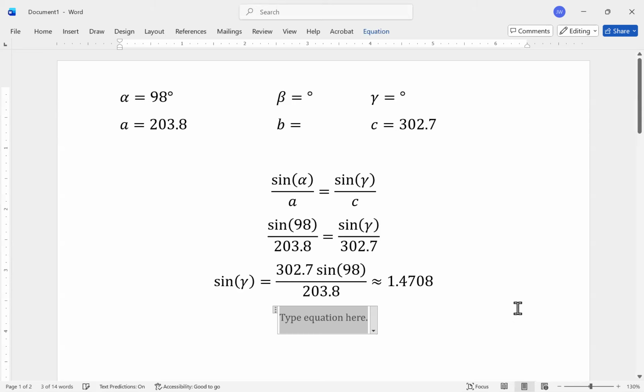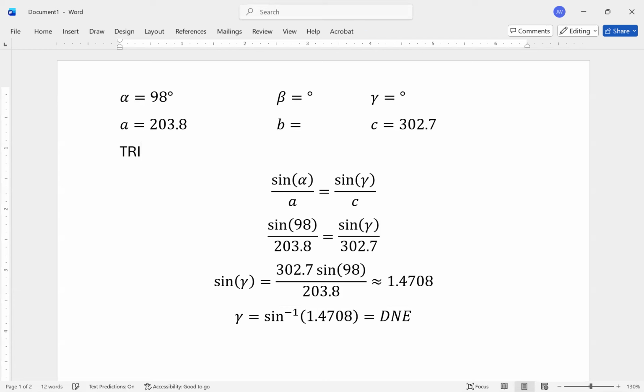So if I tried to find gamma by doing a sine inverse of 1.4708, that would not exist. There is no gamma that has a sine value bigger than 1. And therefore, algebraically, this triangle does not exist.